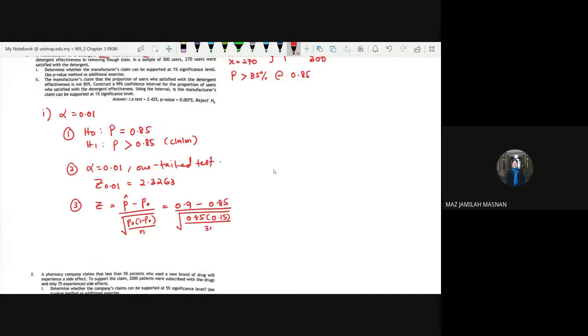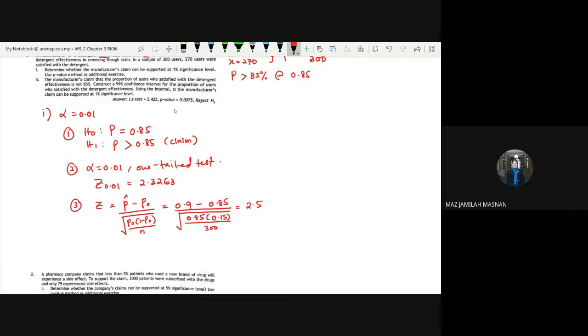What is the value here? Did you get 2.5? Here I get 2.5 for the Z test.